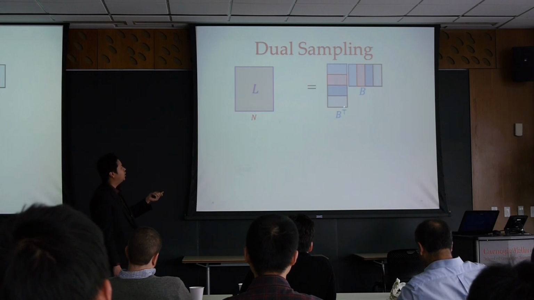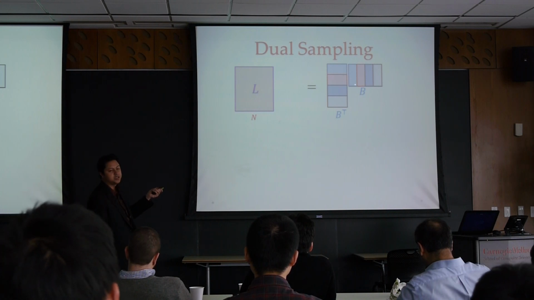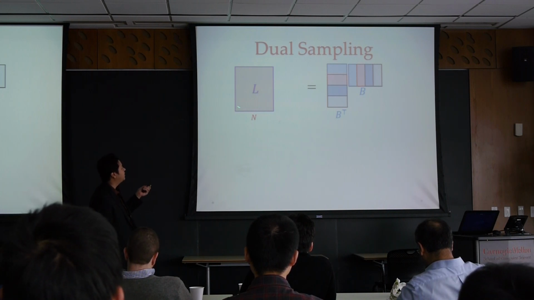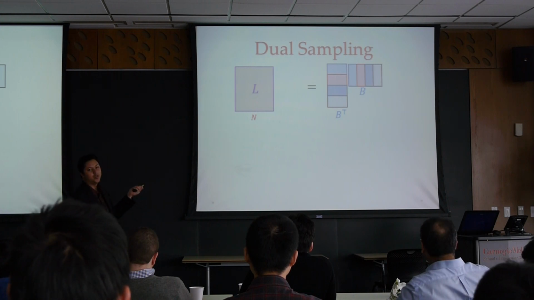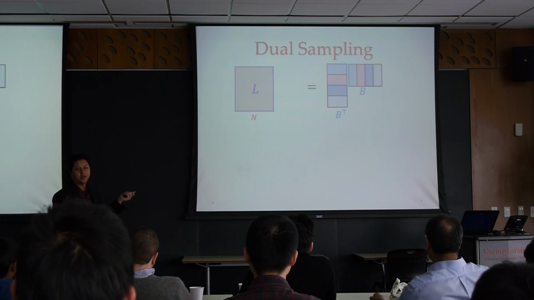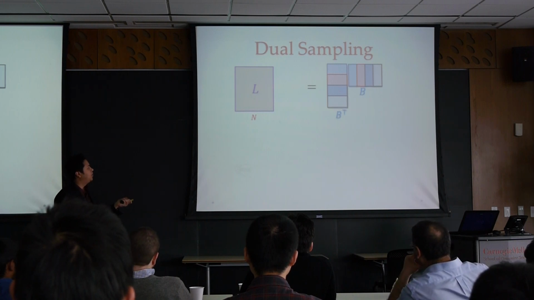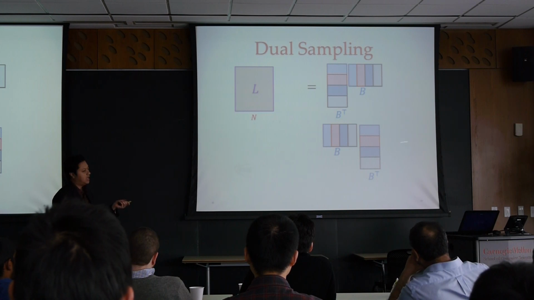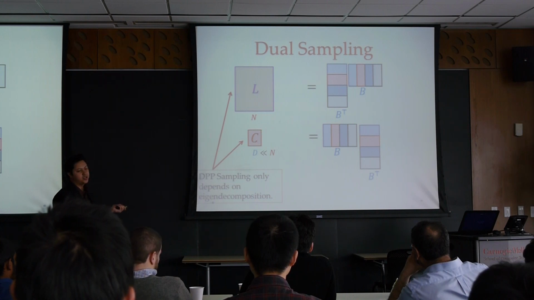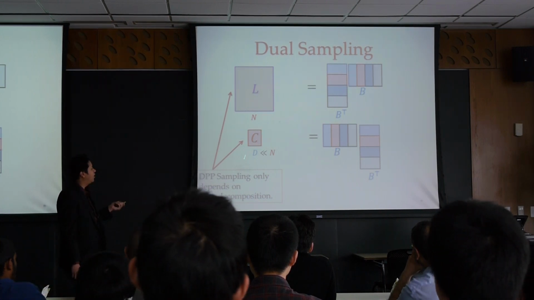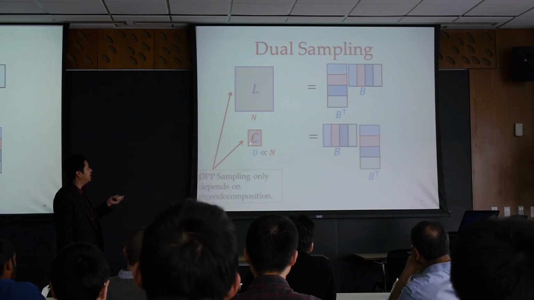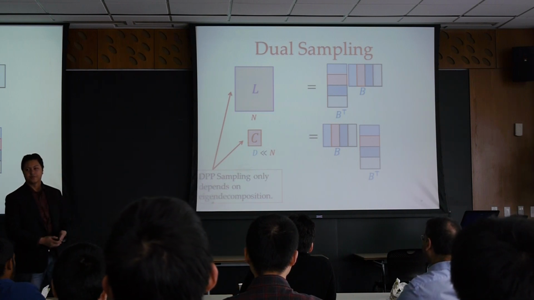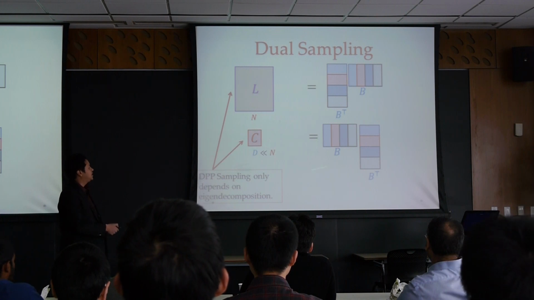If there's a d-dimensional feature vector for each item, and you have L, which is n by n, and n is much bigger than d, we know the rank of L is going to be d, right? So instead of sampling from L, what you can do is what's called dual sampling. Instead of taking the inner product, I'm taking the outer product. That ends me up with a smaller d by d matrix C, and from then I can do the eigendecomposition on C and then do the sampling, right? So this has been done in 2010.